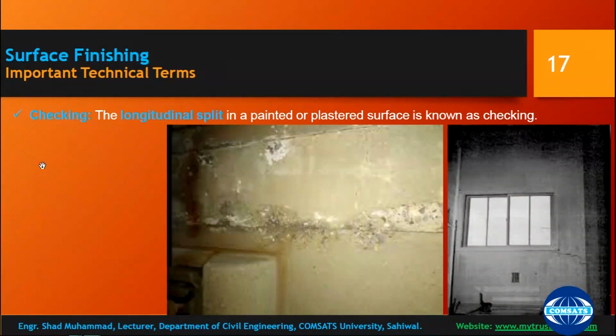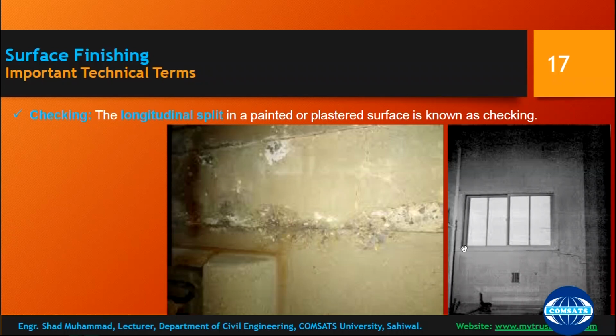All right, checking. The longitudinal split of a painted or plastered surface is known as checking. You can see that this is a wall and this is almost a longitudinal split. There was a lintel beam, and you can see the sill beam, and this above is the lintel beam.